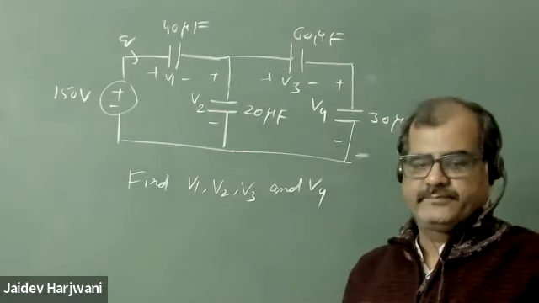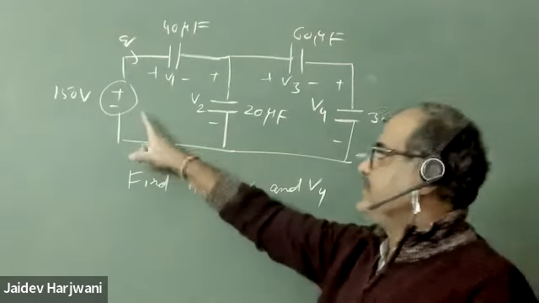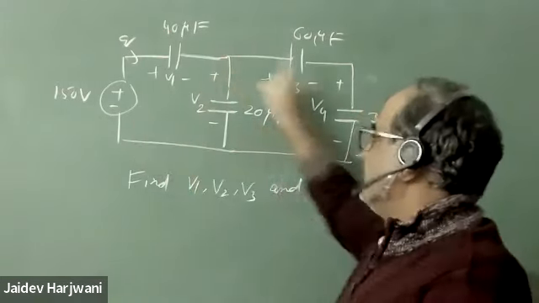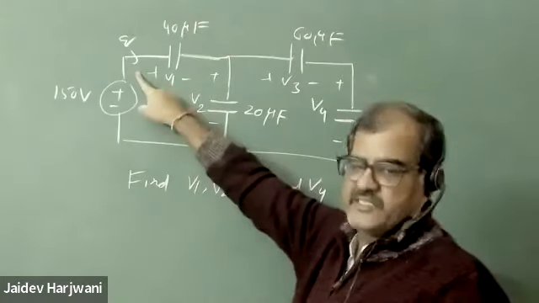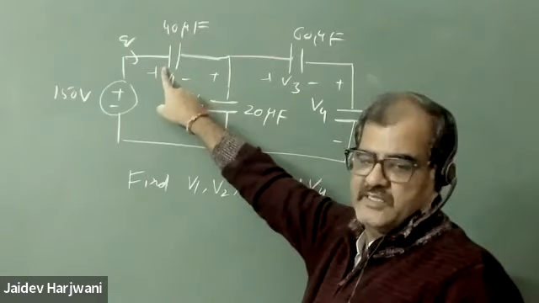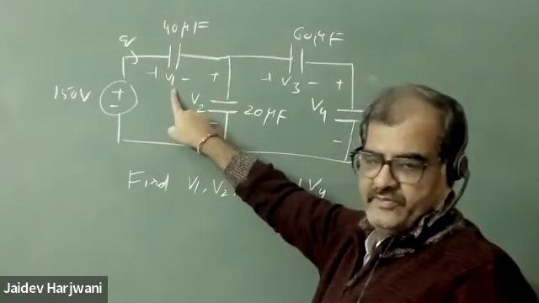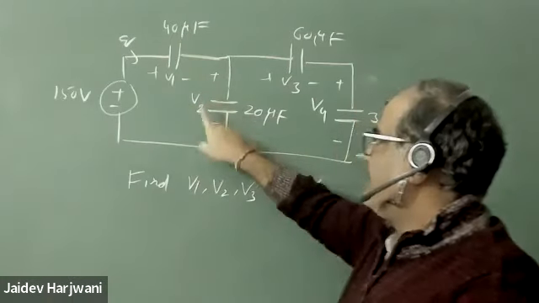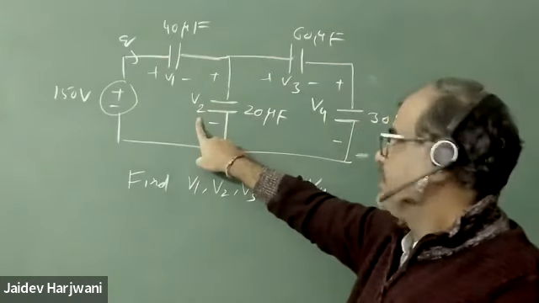Please repeat it. So I am telling you this is 150 volts, given. You can find the equivalent capacitance and the total charge. This total charge is passing through this capacitor, so you can calculate V1. You know this one and this one, so by applying KVL you can know V2.